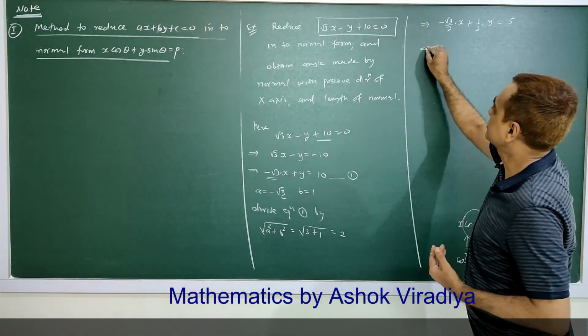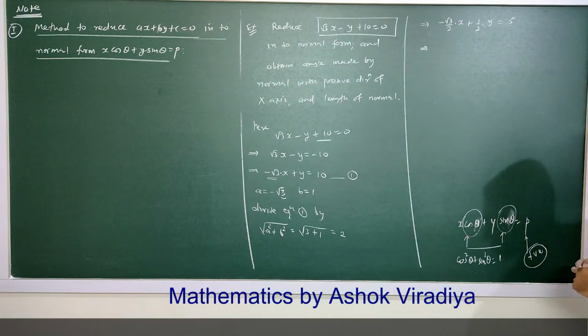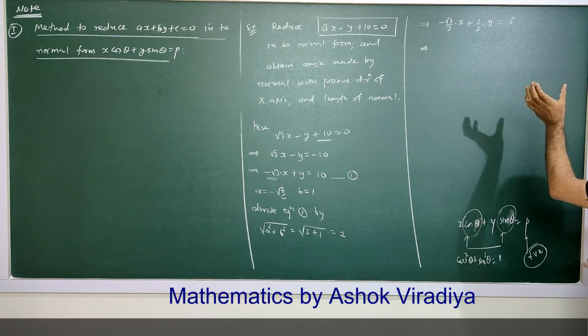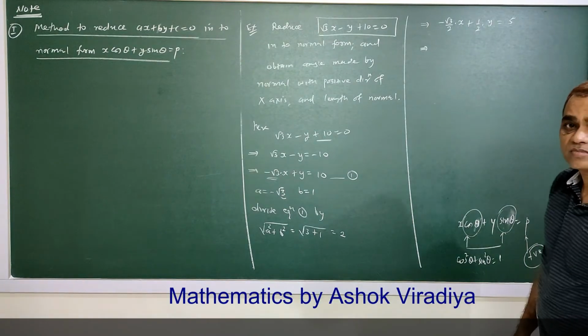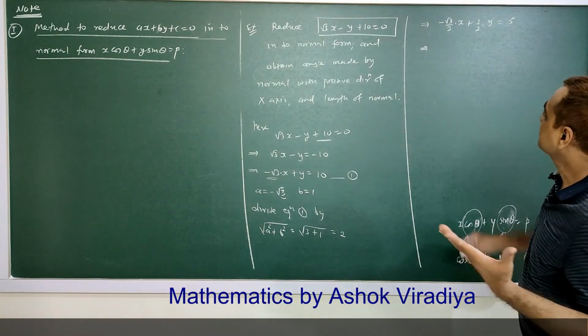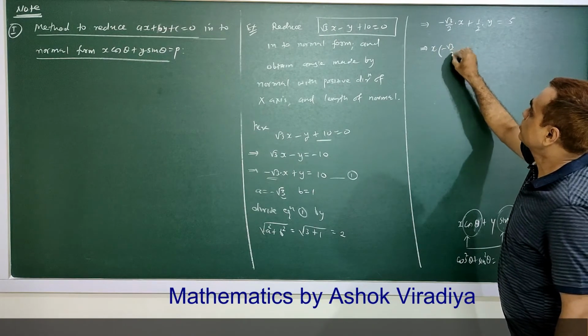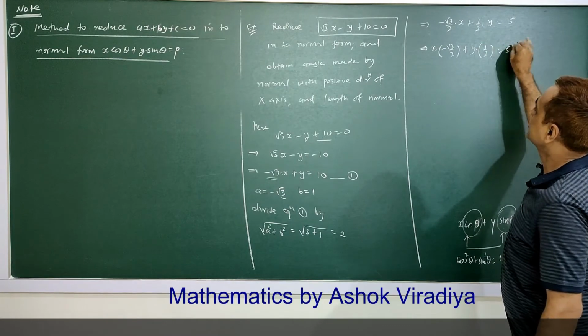The next step is, we want this form. This is the normal form. We now want to reduce this equation into this pattern: cosine of something, sine of something. So x into minus root 3 by 2, y into 1 by 2, equals 5 by 2.